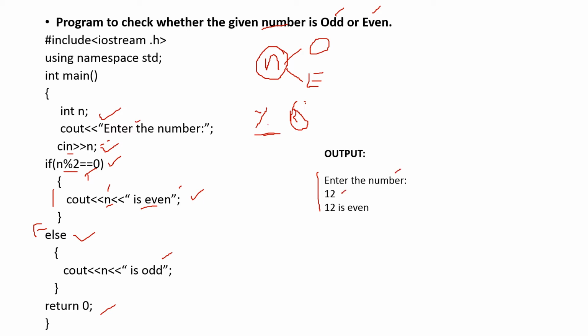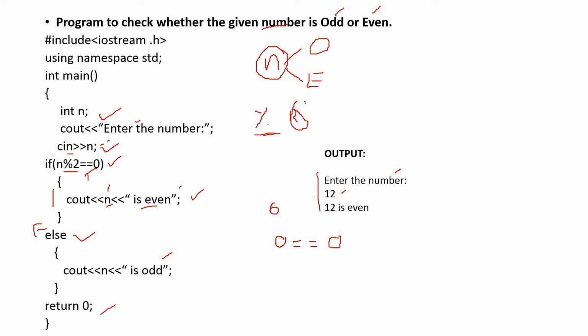The number is divided by 2 and the remainder is checked, that is modulus. Here 12 by 2, so that is 6. So here no remainder, that means remainder is 0. So we are checking whether the remainder we get is equal to 0.